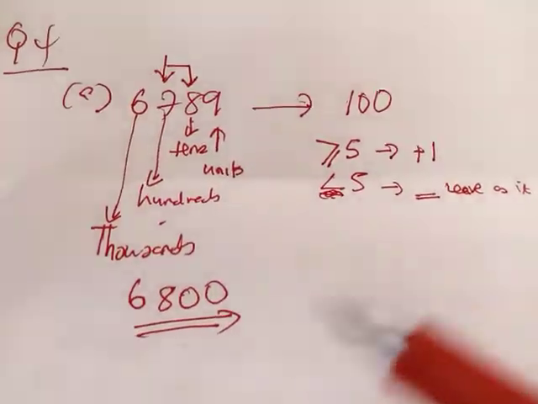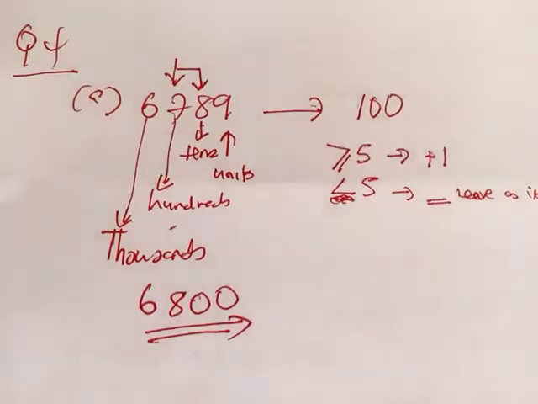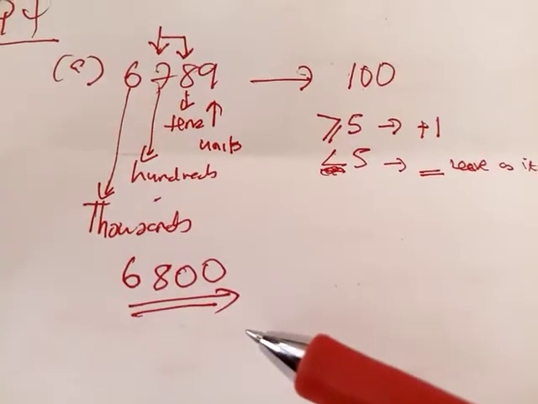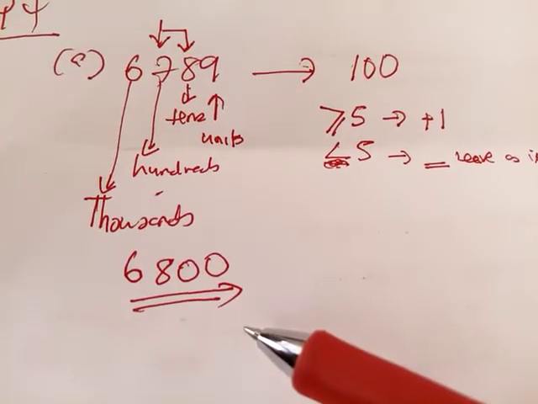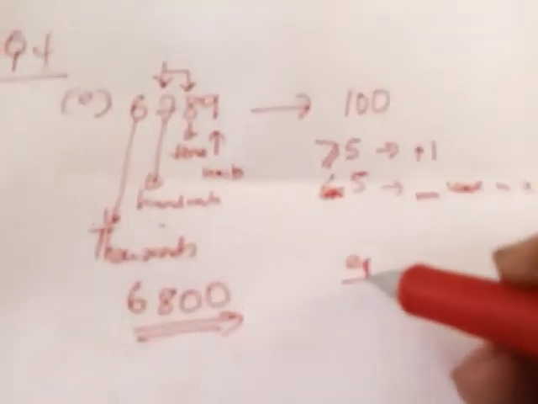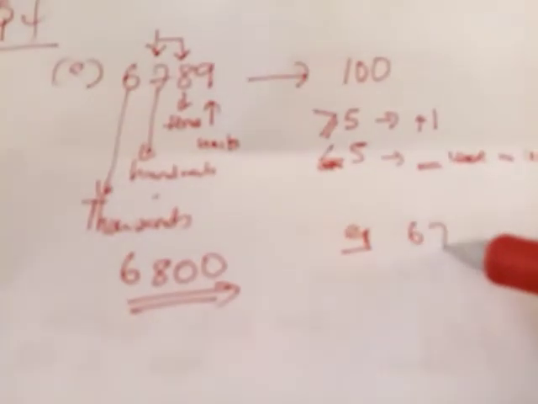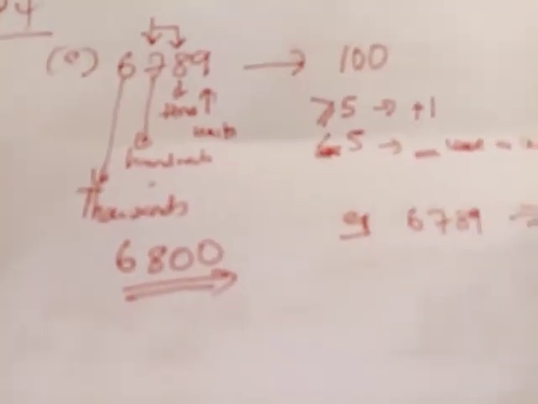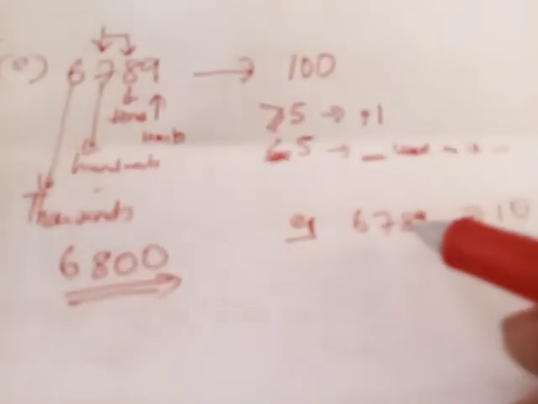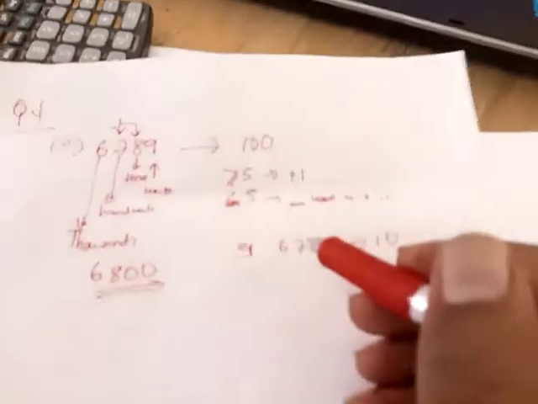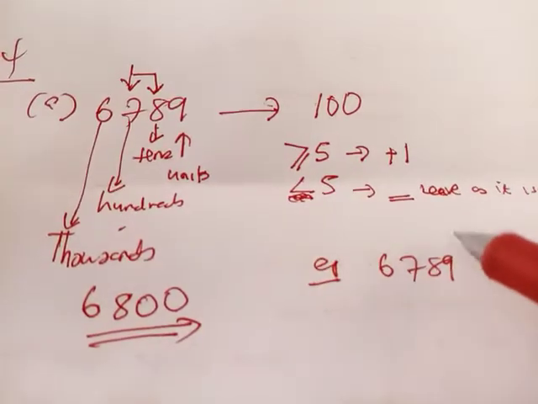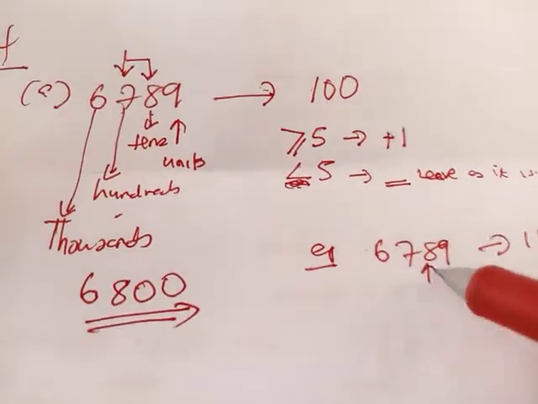As you practice more of this, the thing just gets naturally into the mind. If we were going to the nearest 10, for example, that's the 6,789. Let's go to the nearest 10. Looking at the question there, the unit of 10 is 8 there.